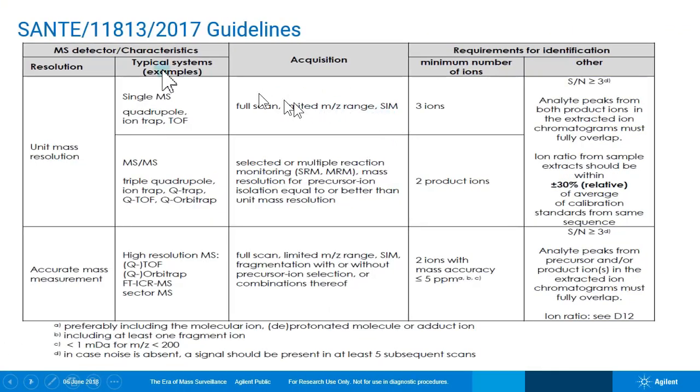In designing this workflow, we did pay attention to the SANTE guidelines. Looking at accurate mass and the QTOF, you can see that you need 2 ions with mass accuracy better than 5 ppm. That's very likely the molecular ion, which gives you a very strong signal if you're just scanning. And now you can see the need for all ions, because we have to get the collision energy increased to see the fragments.